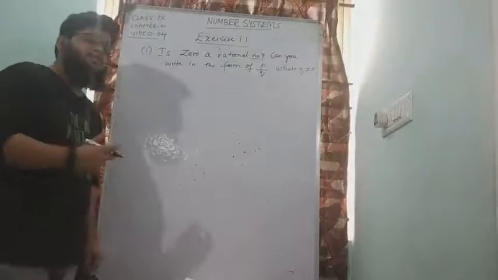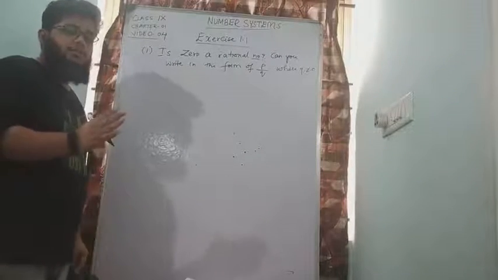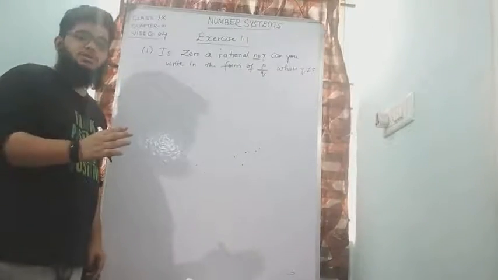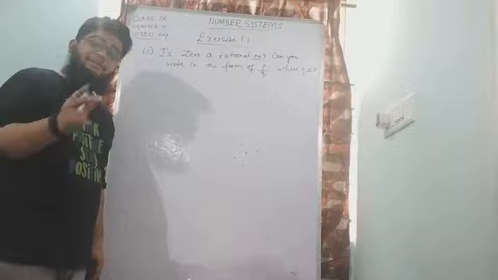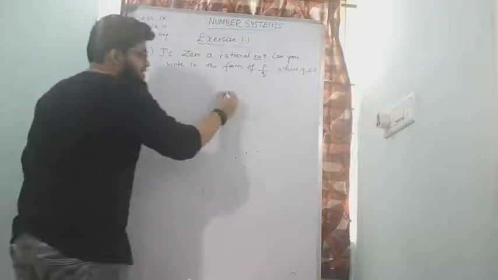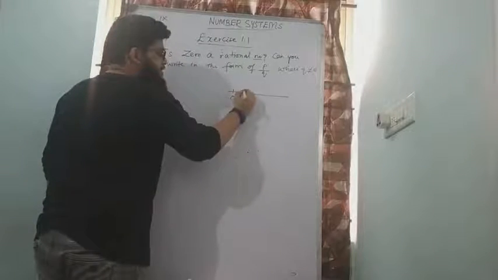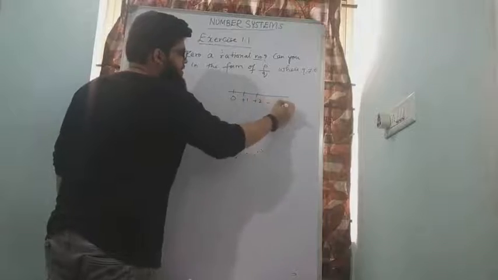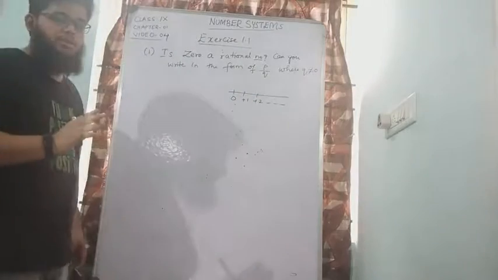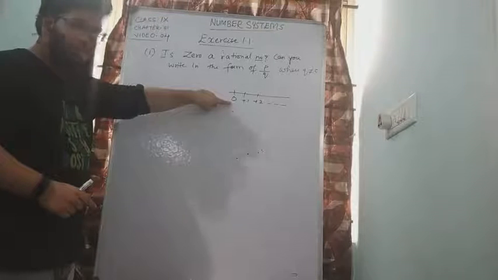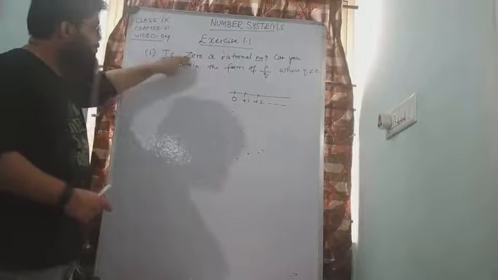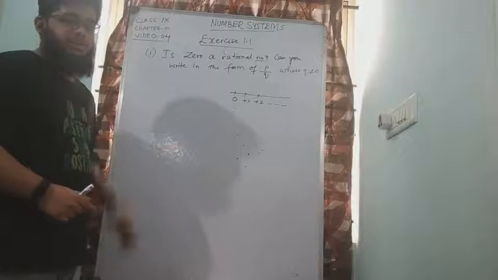Is 0 a rational number? Now, first of all, if you remember, whole numbers are all positive numbers, which also includes 0. So basically when I speak about whole numbers, I have 0, then I have all positive numbers. I don't have negative numbers in whole numbers. Negative numbers come in integers. So now when I have 0 here, the question is, can you write 0 as a rational number?